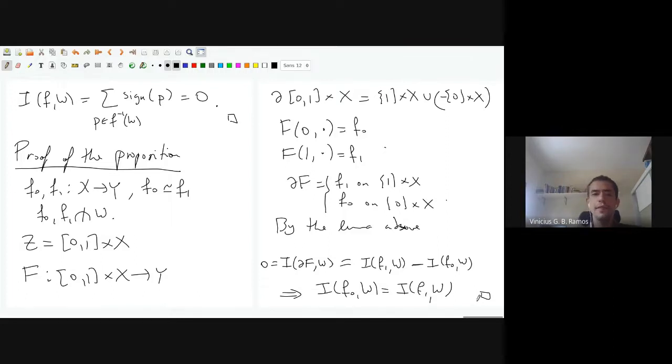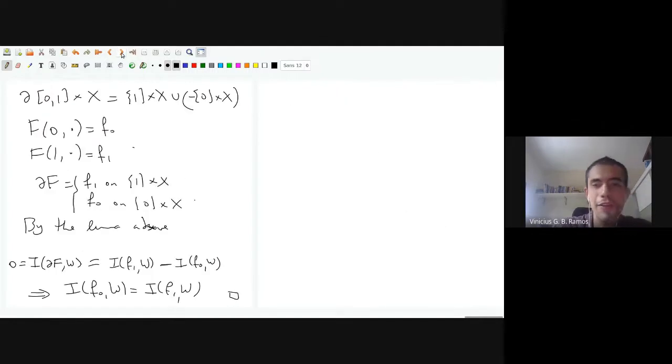Okay? So with the lemma, the proposition is very simple. But if you wanted to prove the proposition directly, you could do it, and you can draw a nice picture. If you don't want to apply the lemma and you want to prove the proposition directly, you can just say, well, if F0 is homotopic to F1, then you have this homotopy.